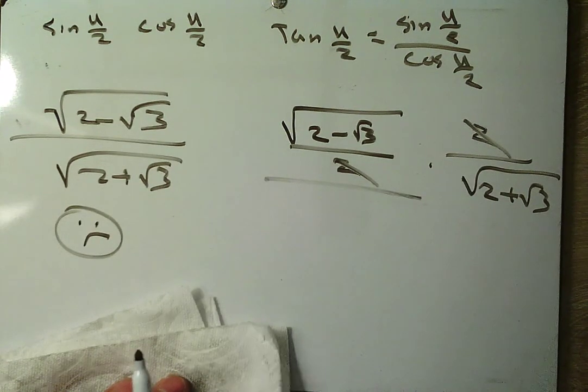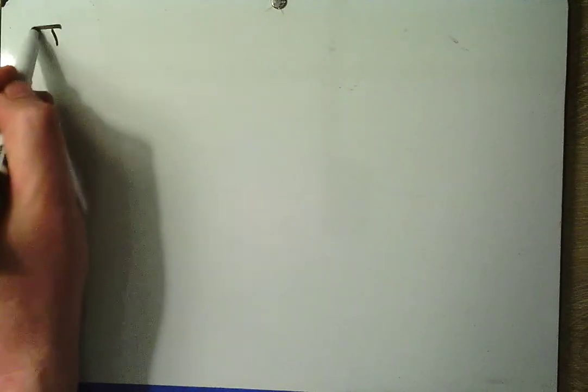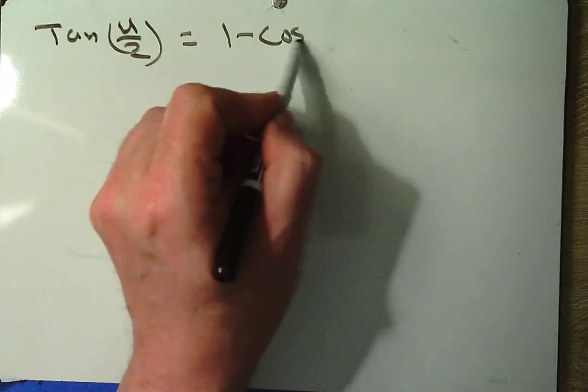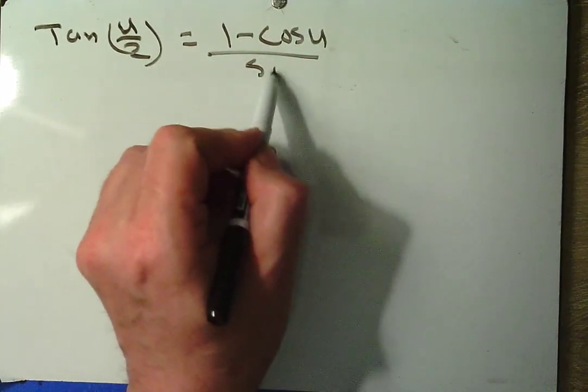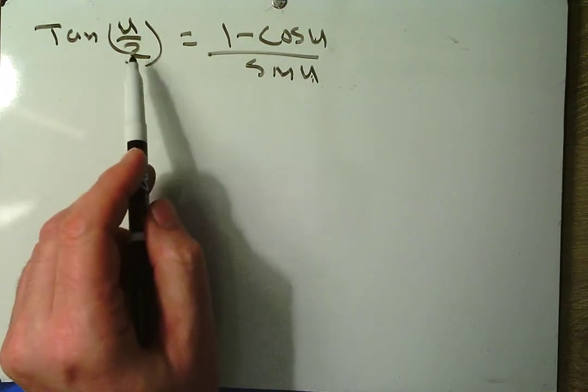But I can use this alternative: tangent of u over 2 equals 1 minus cosine u over sine u. Again, these angles are twice as big as that one.